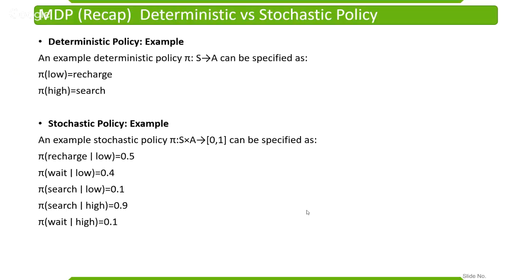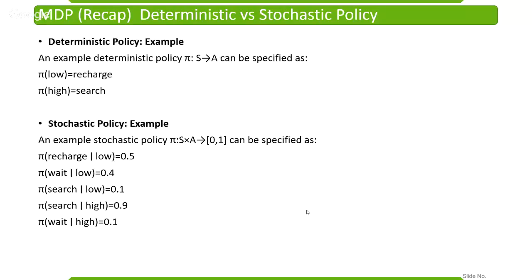On the other hand, if I talk about the stochastic policy for the same problem, the stochastic policy pi for states S and action A has a value between 0 and 1. How can we specify it? What is the probability that the agent recharges itself if it's in a low state? That probability is 0.5.